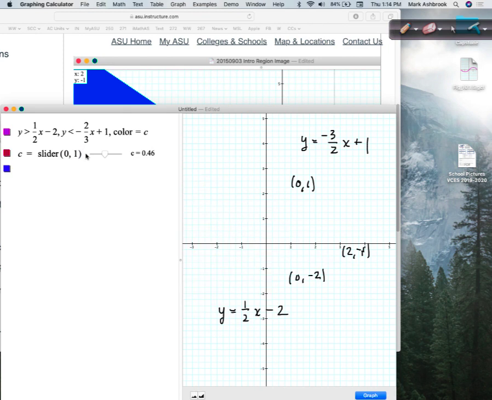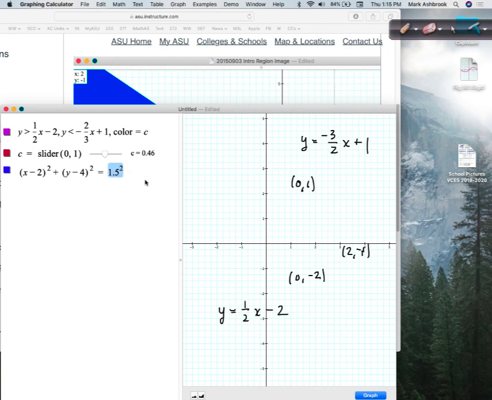Okay, so what's the equation of a circle? If I wanted the center to be at 2, 4, with a radius of 1.5, then what would I put here? 1.5 squared, right?